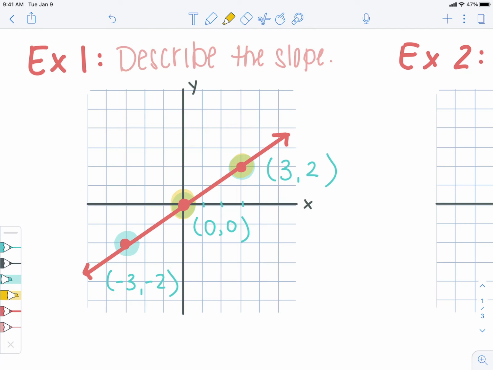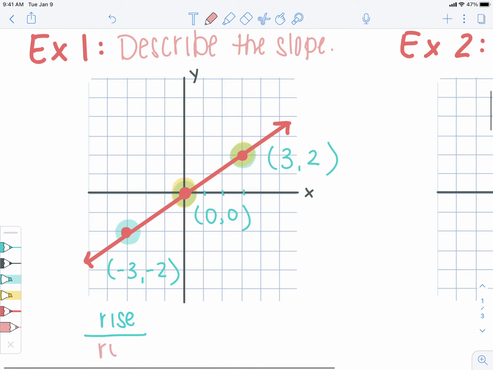And then I just want to know my rise over my run. So I'm going to say, okay, if I'm starting at (0, 0), my rise is how many I have to go up.